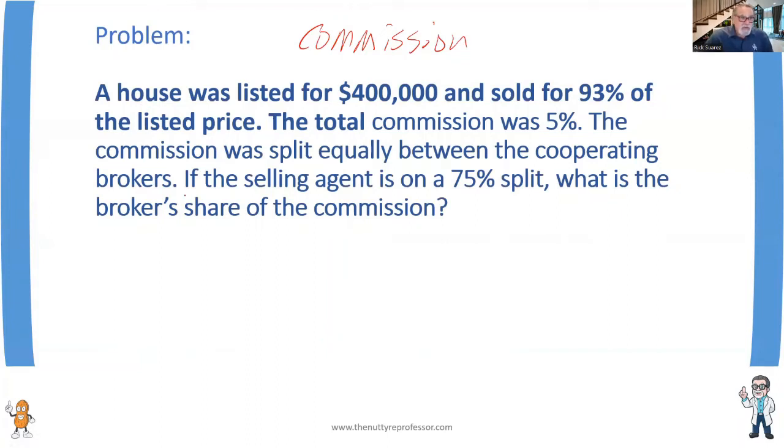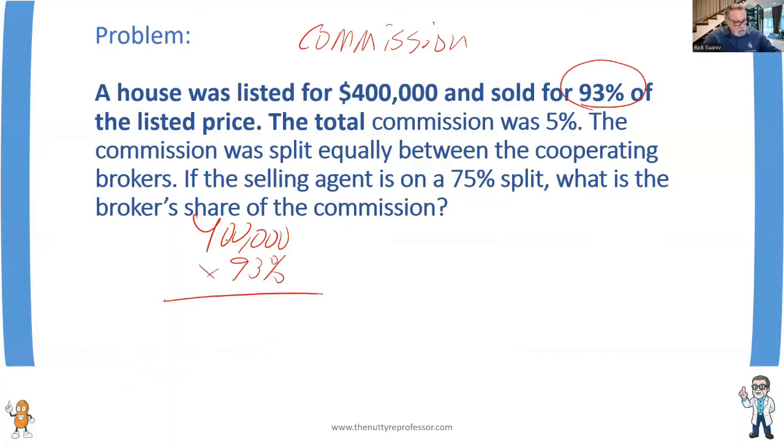So a house was listed for $400,000. Now it says it was sold for 93% of that. So we're going to multiply that times 93%. So 400 times 93%, the house sold for $372,000. And then it says the commission was 5%.